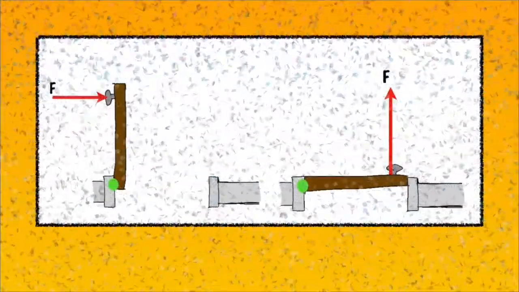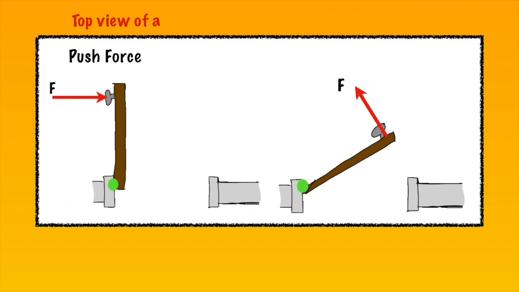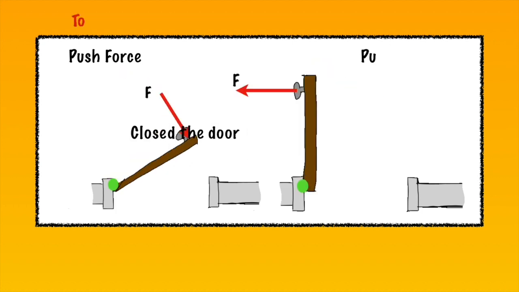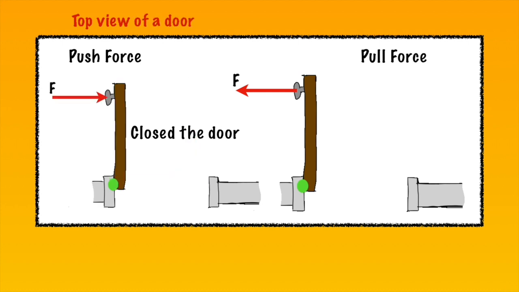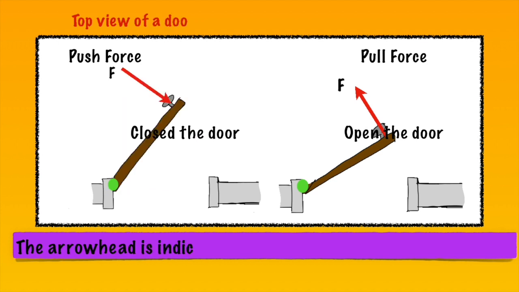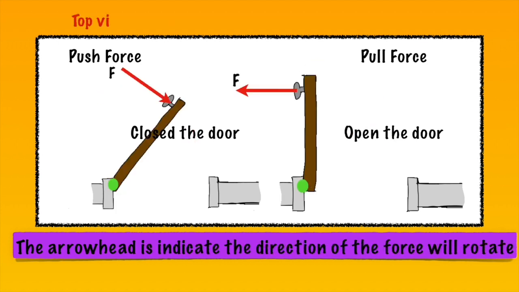For example, here we have two forces, which are push force and pull force. When you push, the door will close. When you pull, the door will open. The arrowhead here indicates the direction the force will rotate.